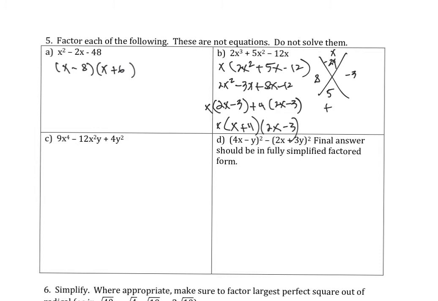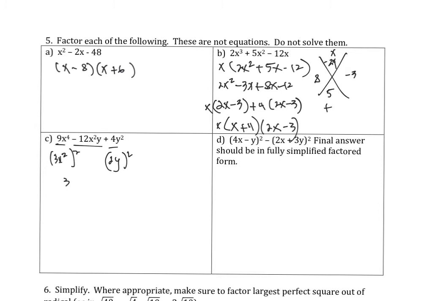Okay, the next one, we have a perfect square. This is equal to 3x squared, squared, and this is equal to 2y squared. If this middle term is equal to negative double the product of these two, we have a perfect square trinomial. And that, in fact, is the case.